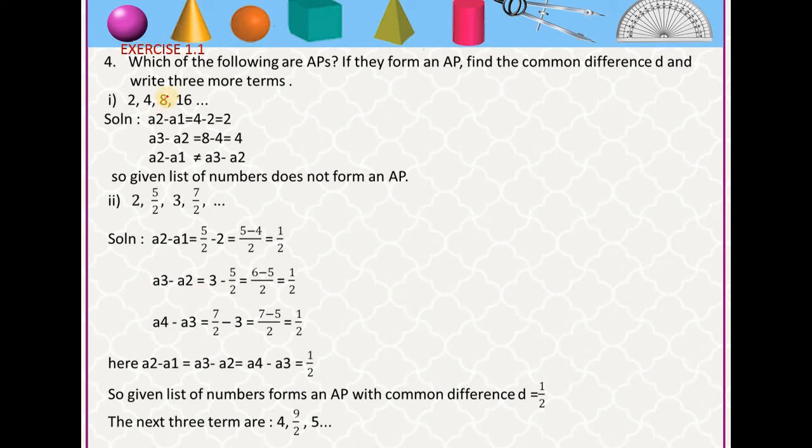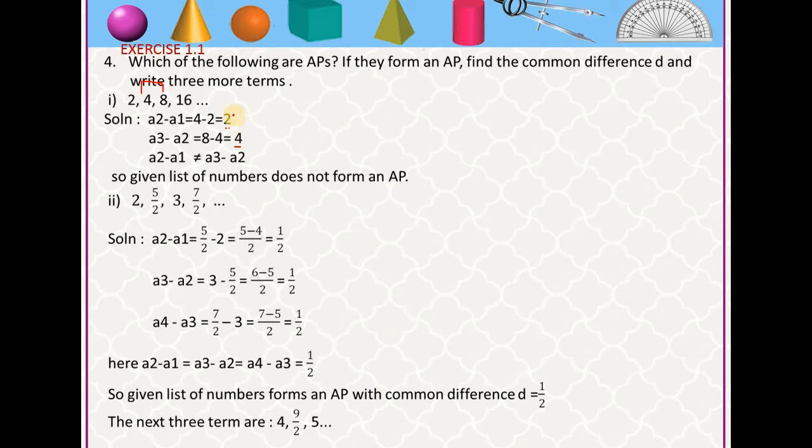Then A3 minus A2. A3 is 8, so A3 minus A2 is equal to 8 minus 4. The third term is 8 and the second term is 4. 8 minus 4 is equal to 4. So if you see the difference, 4 minus 2 is 2 and 8 minus 4 is 4.